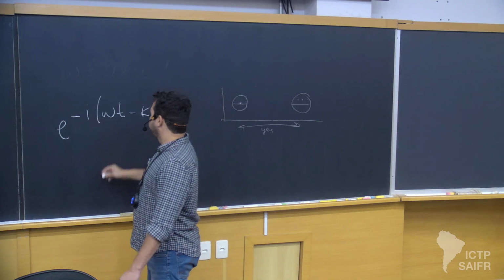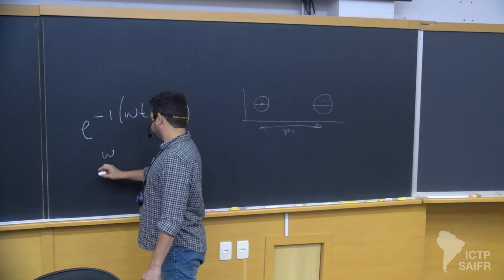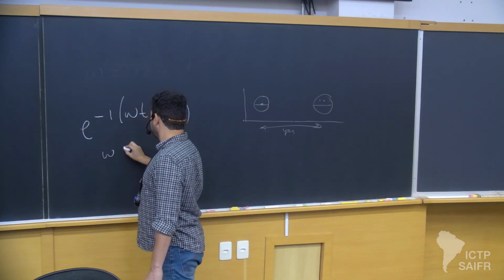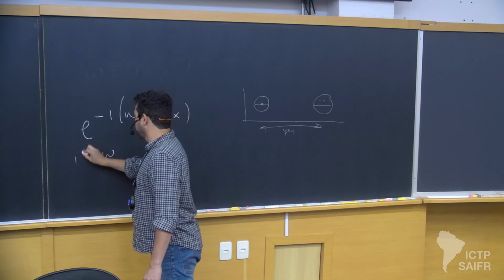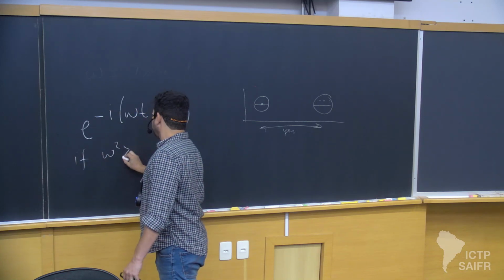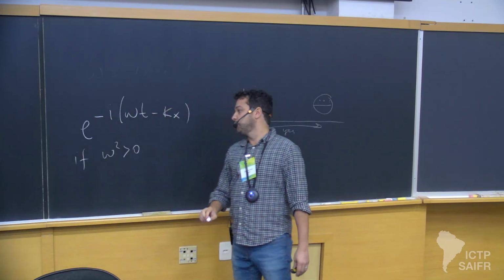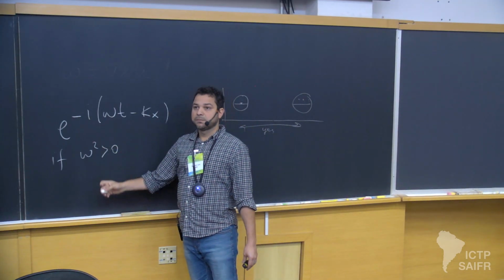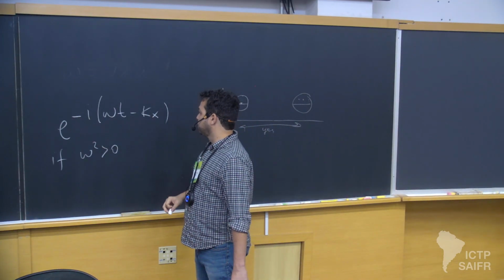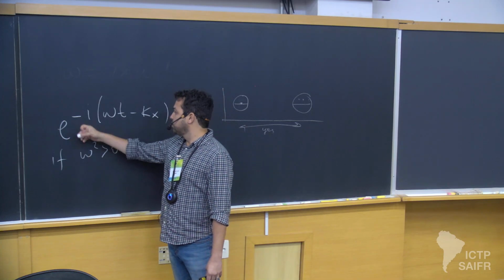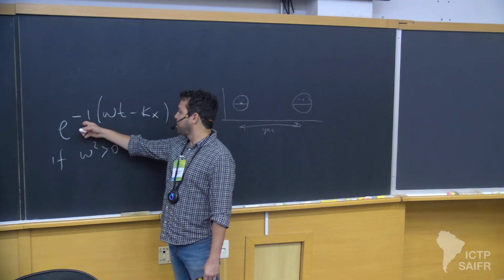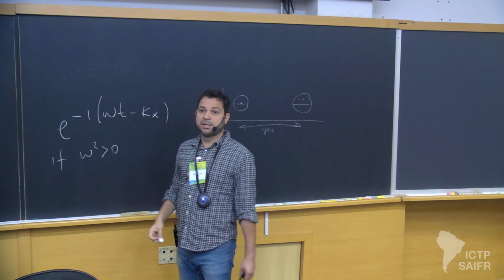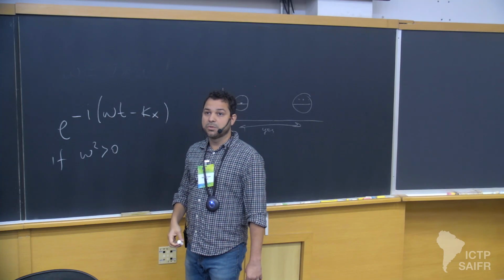As you see here, if omega is real, that means if omega squared is bigger than 0, you only have oscillations, right? Things are just going to oscillate because this is exponential of minus i, that's just sines and cosines.